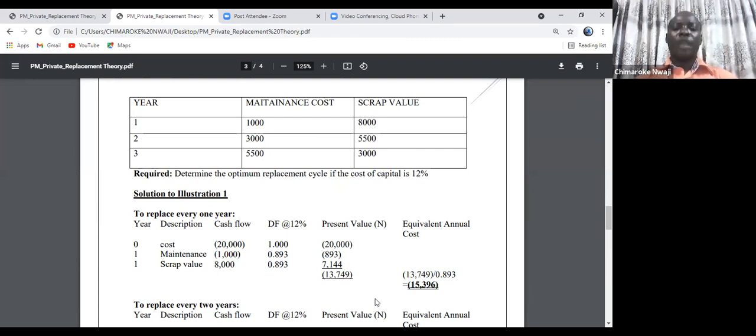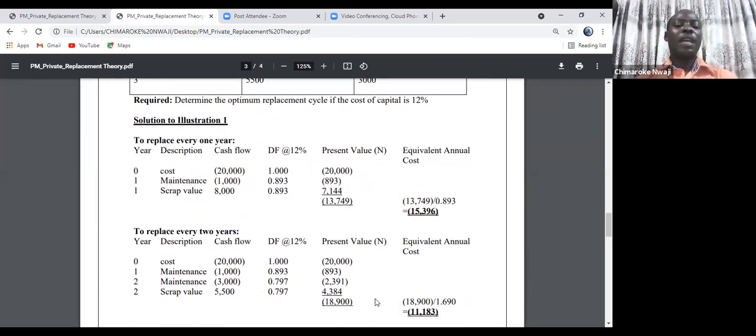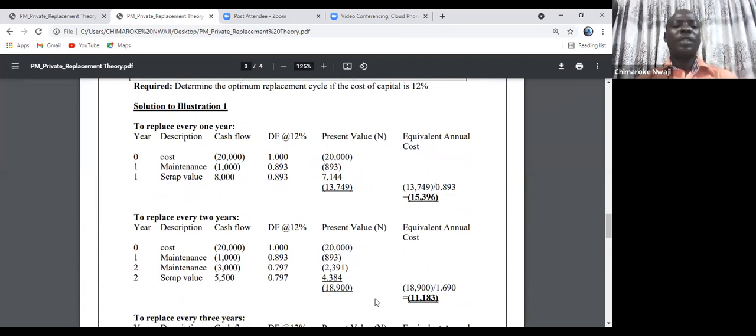Okay, we can decide to change our replacement strategy to replace at year 2. Let's see. In year 0, the cost is still 20,000. Discount factor is still 1. Net present value is 20,000. Go to the maintenance of year 1.